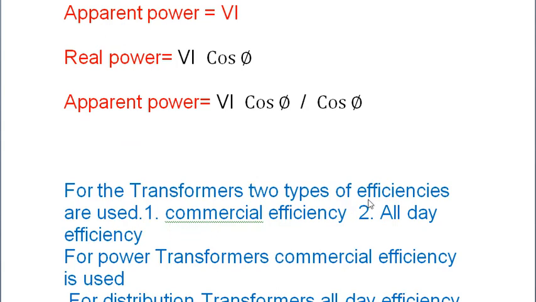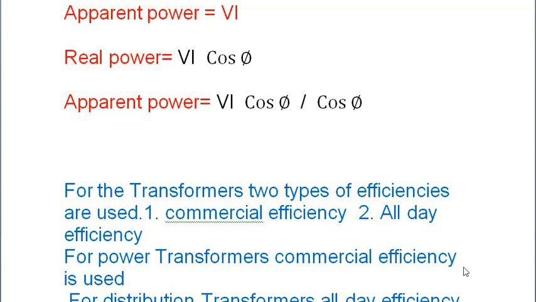In the power transformers, the iron losses and copper losses are continuous, whereas distribution transformers are connected to the main lines 24/7.